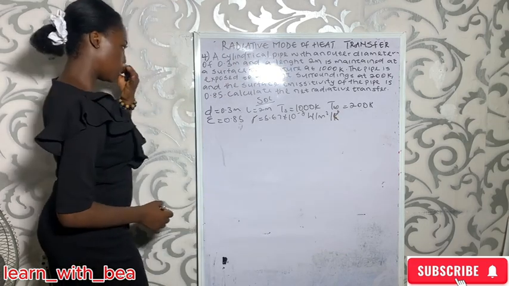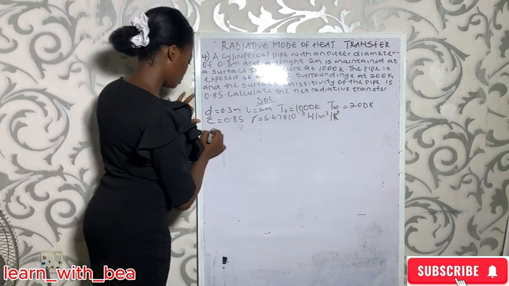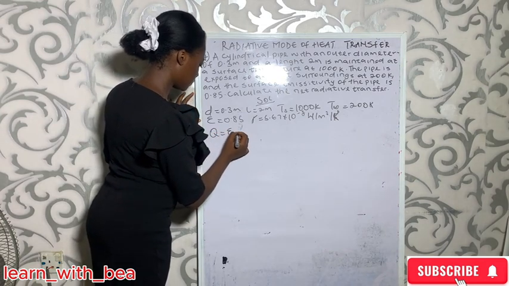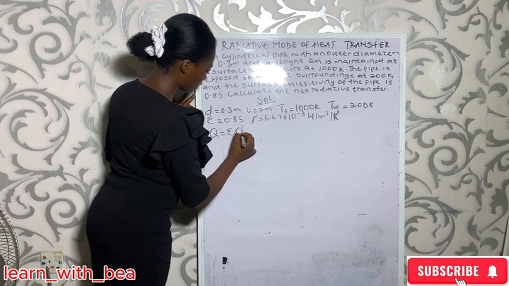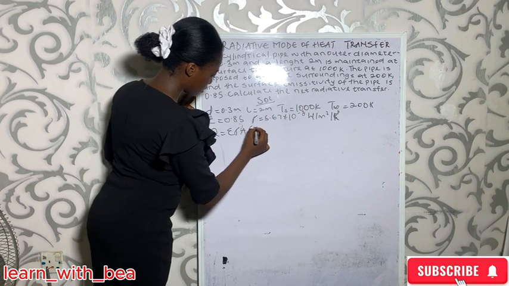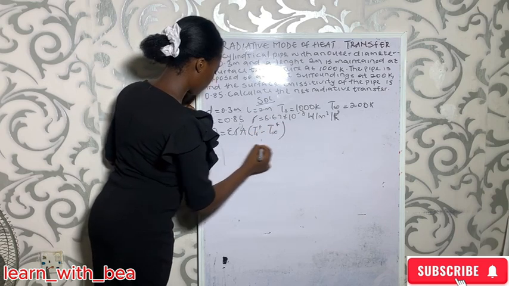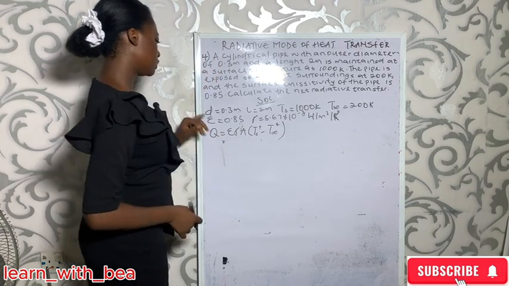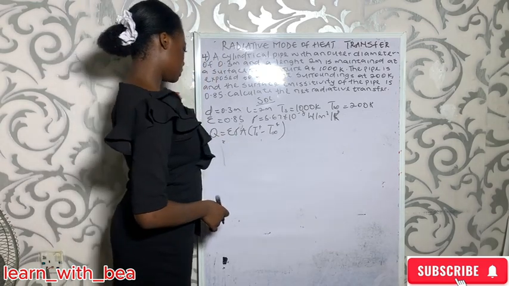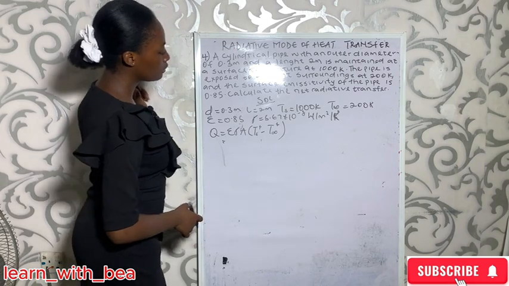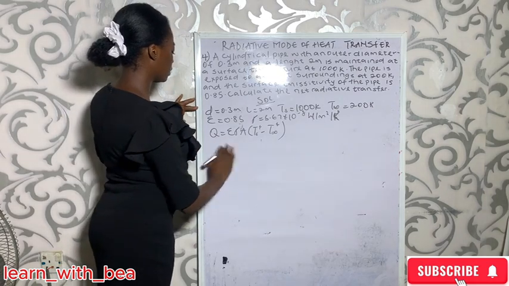So we have to calculate Q, and our Q is emissivity times constant times area times Ts to the fourth minus T to the fourth. Do we have our emissivity? Yes. Our constant? Yes. The area we're not given, but we can calculate it since it is a cylindrical pipe.